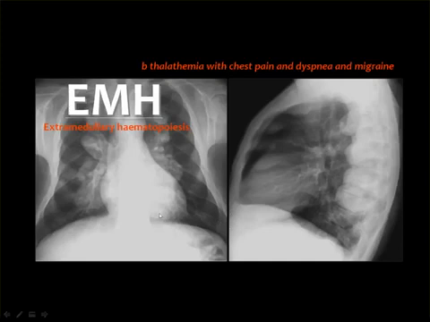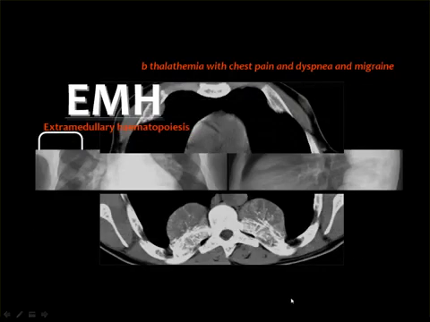This is a chest X-ray of a patient with beta thalassemia, chest pain and dyspnea, and you get paramediastinal lobulated soft tissue masses that are projected posteriorly in the lateral view.